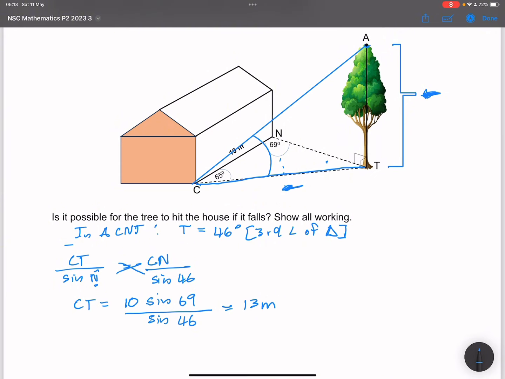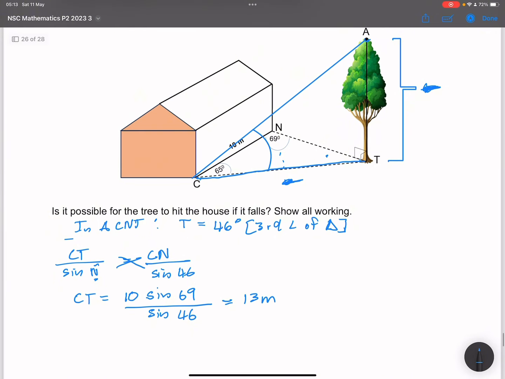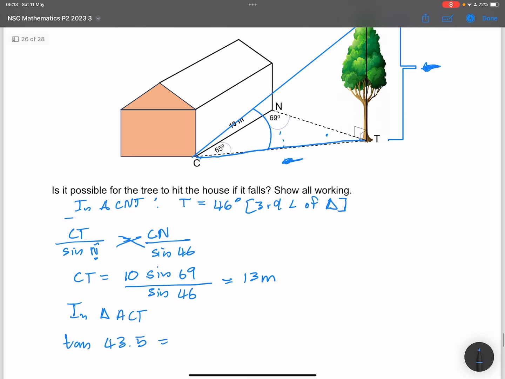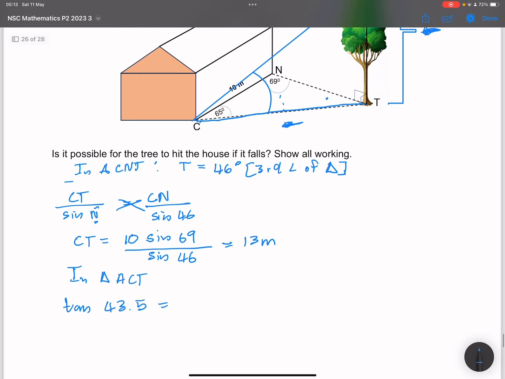So we are now in triangle ACT. In triangle ACT, the tan of the angle of elevation, 43.5, would be equal to the opposite side, which is AT, the height of the tree, divided by CT, which is that adjacent side.